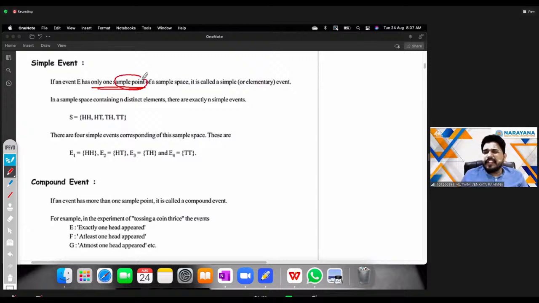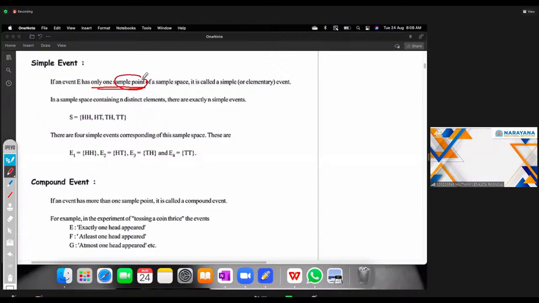Sample point, as I already told you, is when you are throwing a dice, 1, 2, 3, 4, 5, 6. If you take each one of them as a separate thing, that is a simple event. Only one element will be there in that one. So that is called a simple event or elementary event. In a sample space containing n distinct elements, there are exactly n simple events.